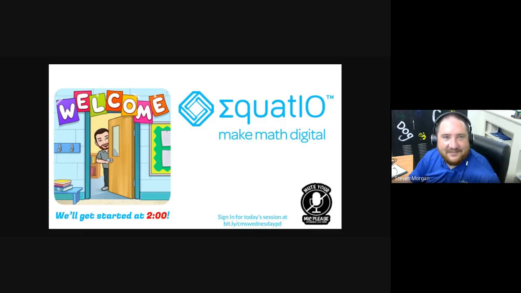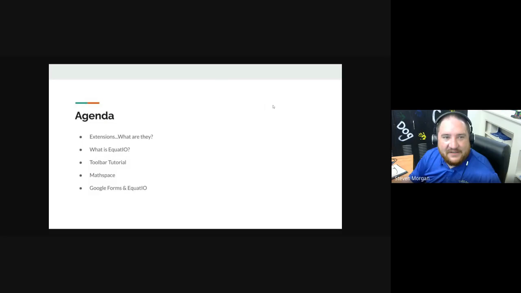Like I said, we got a lot of stuff to get through today. So today's agenda, we're going over Equatio. Equatio is a math tool that makes editing and inserting math into the G Suite environment not only helpful, but it's one of the only programs out there that can do what it does. So today we're going to look at just what are extensions. If you were here this morning, we're going to go over the same really quick little thing.